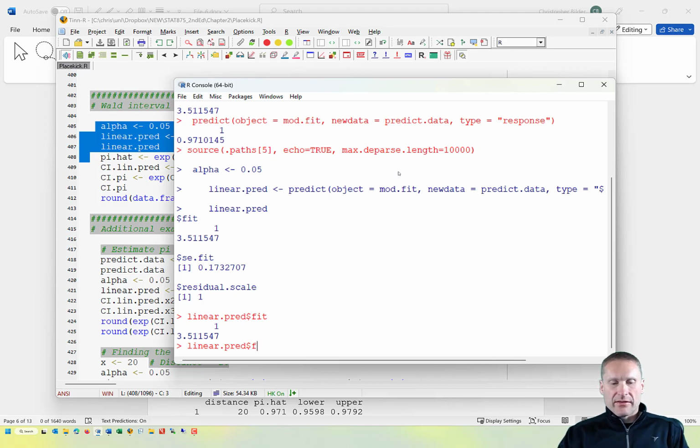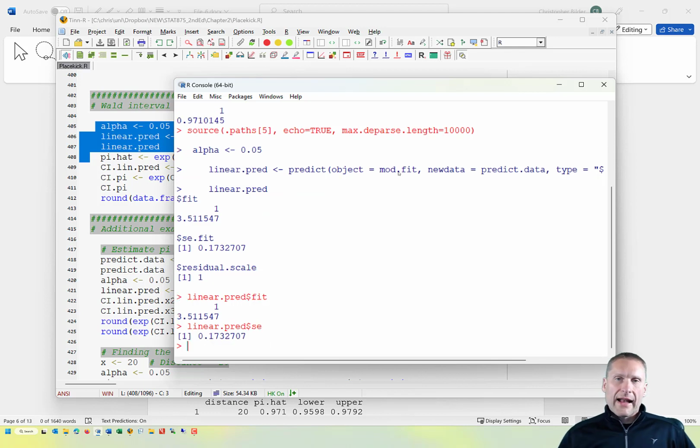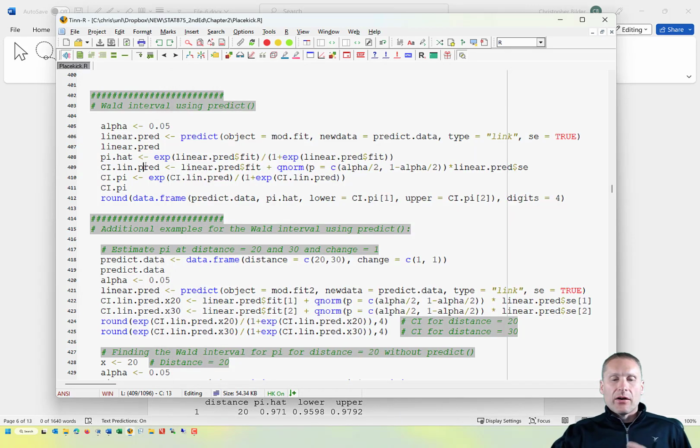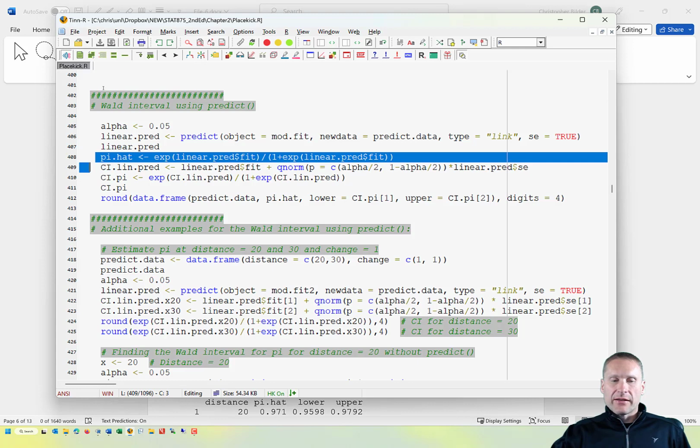If I say instead se after the $, I pull that out of that list format and I get 0.17. So this is the square root of the estimated variance of beta hat 0 plus beta hat 1 times 20.